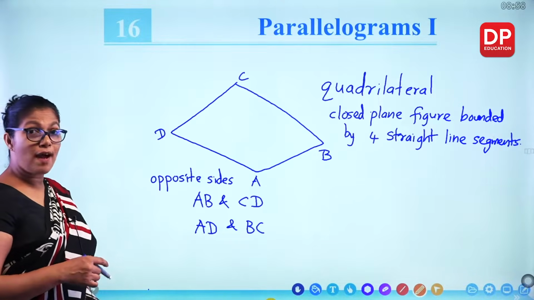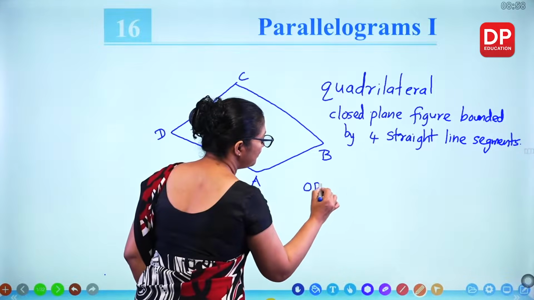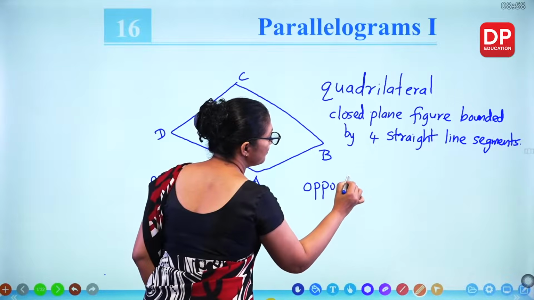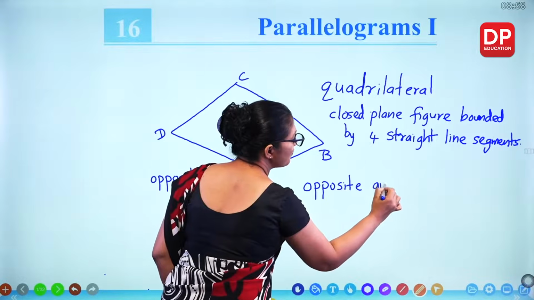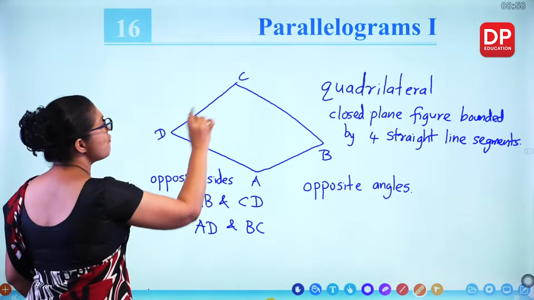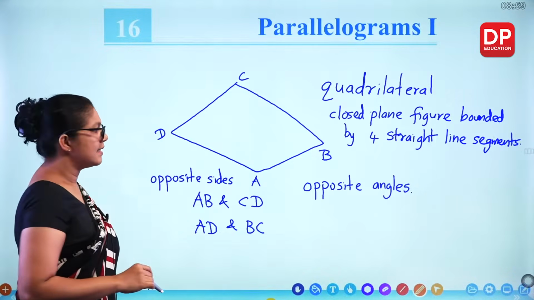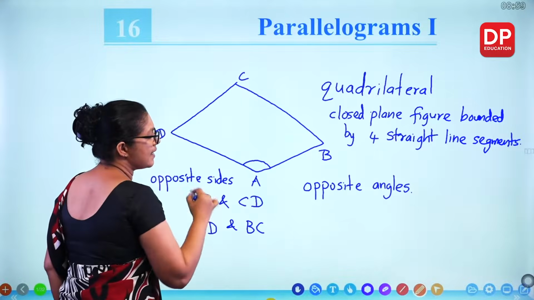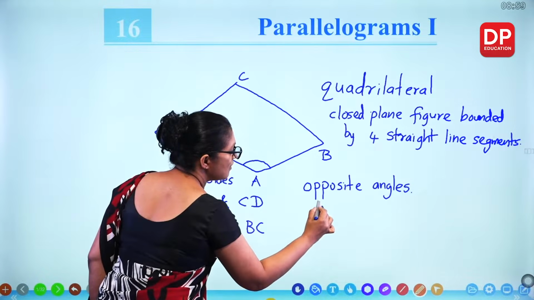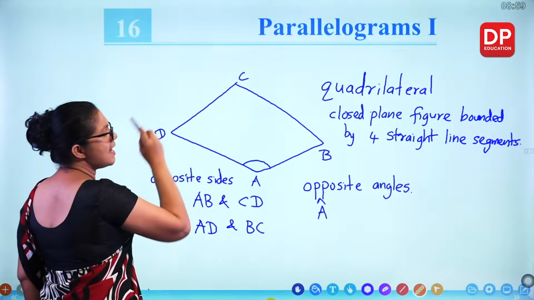Now we'll identify what are opposite angles. Now there are four angles, A angle, B angle, C angle and D angle. If you take A angle, what's the opposite of that? Opposite to this is C angle.